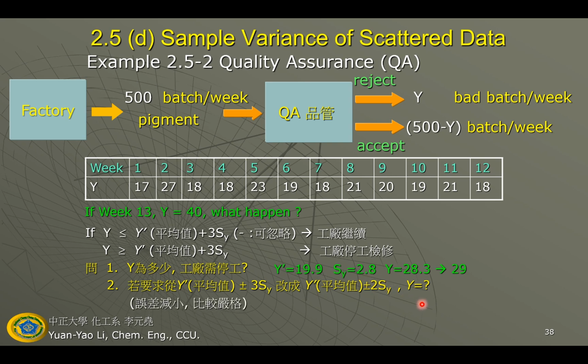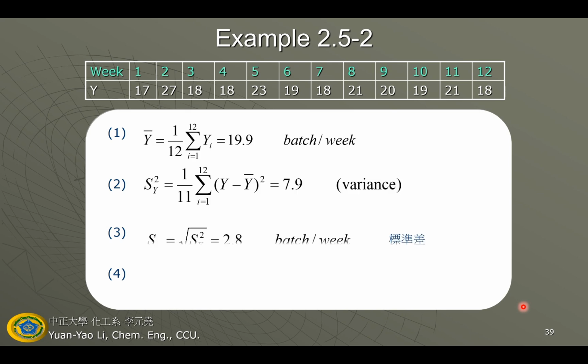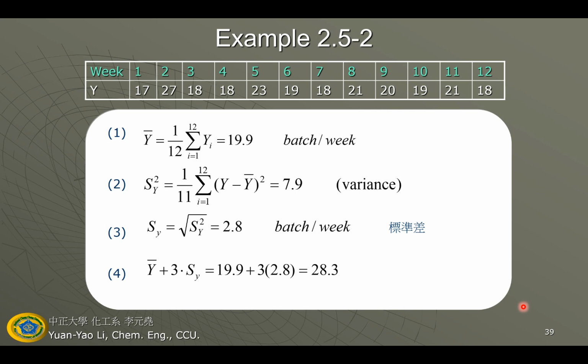That means you reduce, this is more strict, right? So the Y will be 26. That means that if the batches are more than 26, the factory needs to shut down. Okay, so these are the simple calculations. Please use this for your information.